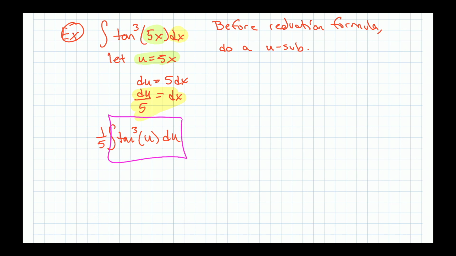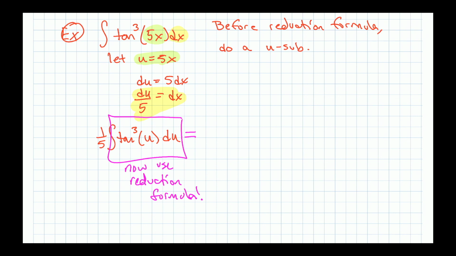Now you can do the reduction formula. All right, so what will that look like?